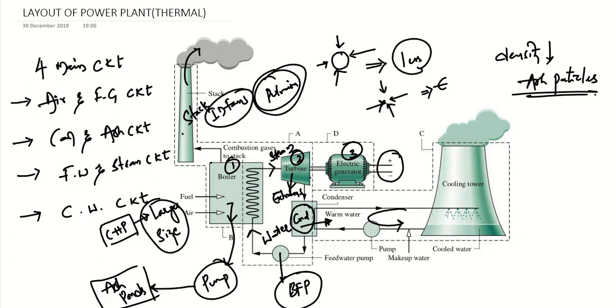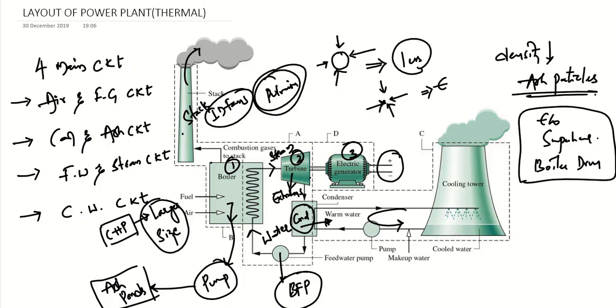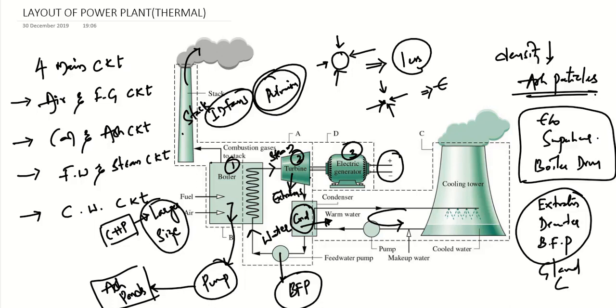The other components on the boiler side are like economizer, superheater, or boiler drum, and on the turbine side, like extractions, deaerator, boiler feeding pumps, and gland condensers. These are used in order to raise the efficiency of the thermal power plant.